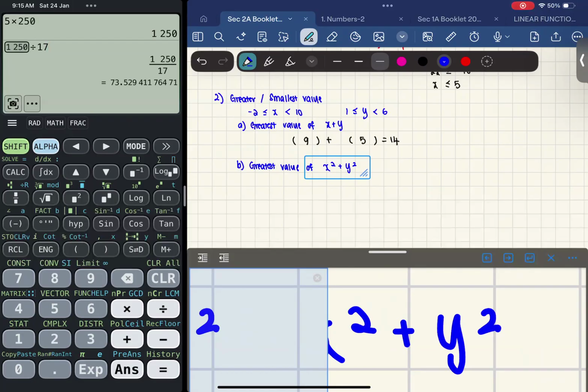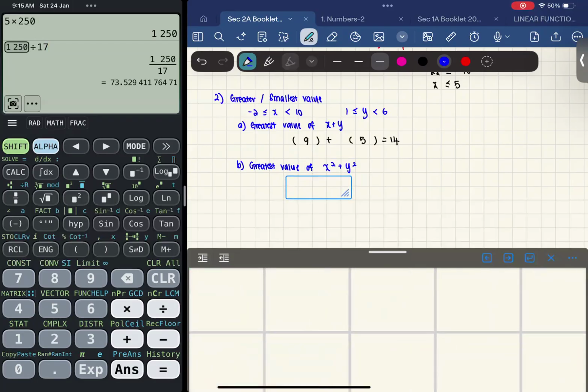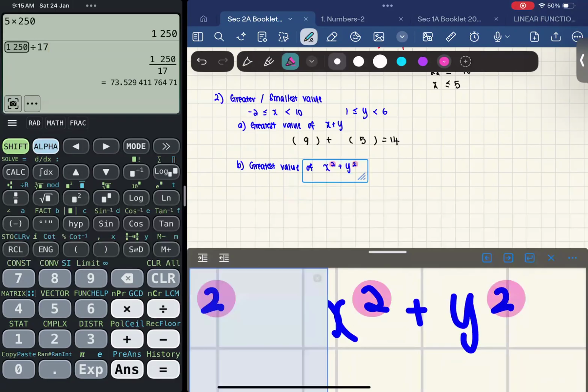Okay? So remember, when you have a square at the top, remember that the value becomes a positive regardless whether it is a negative or positive.